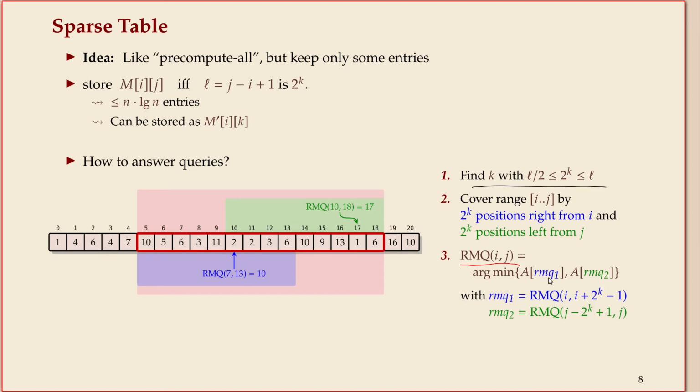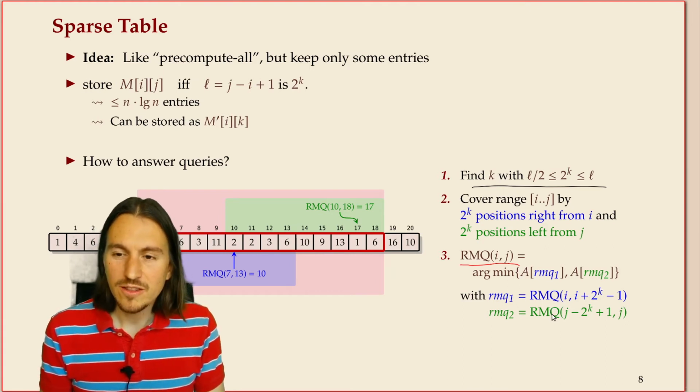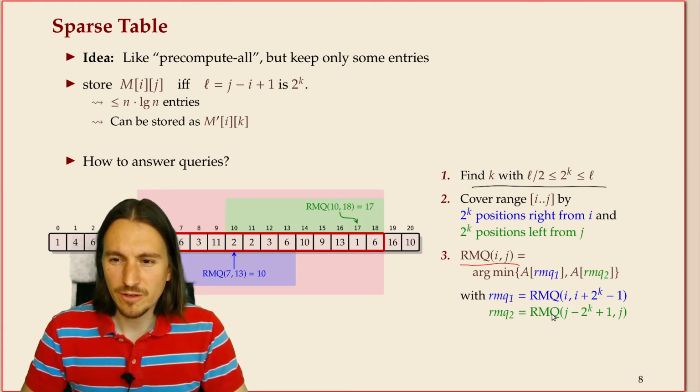Okay, so that's just a fancy way of writing: if this is smaller, then return RMQ1. If A of RMQ2 is smaller, return RMQ2. And these 2 are just the range minimum queries from the blue and the green range. And these we have stored. So we can use our lookup table to obtain the answers to the green and blue recursive query.